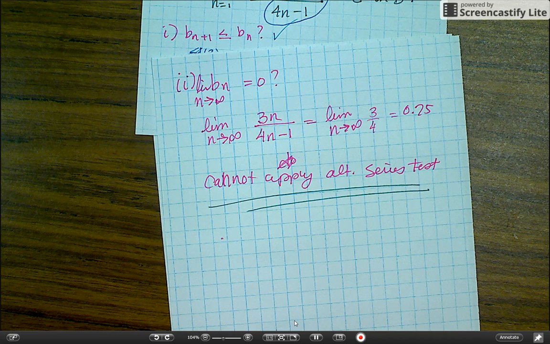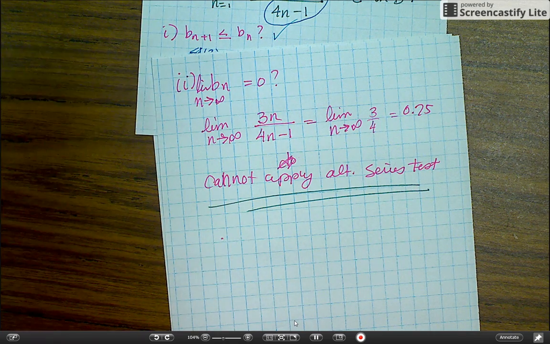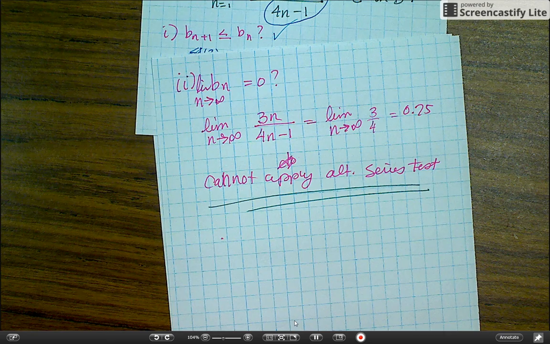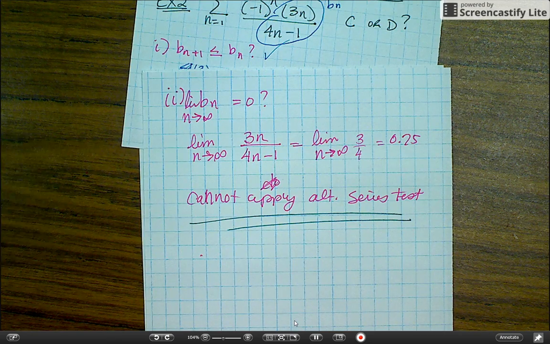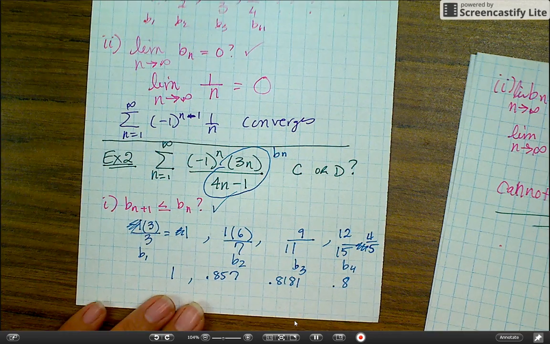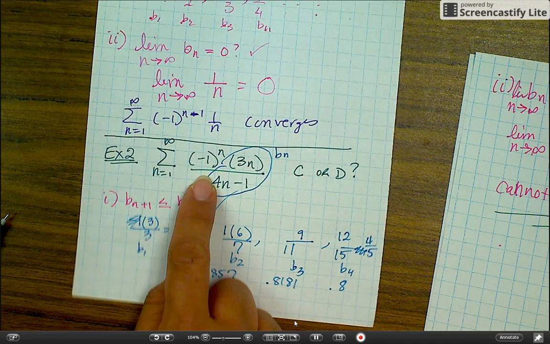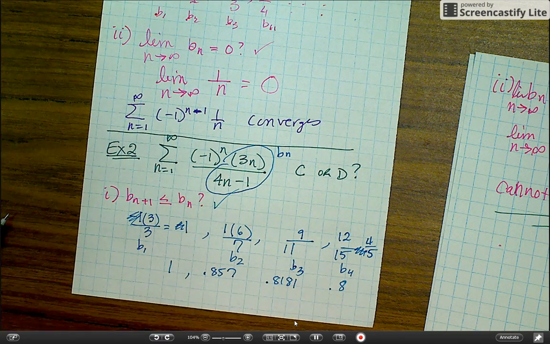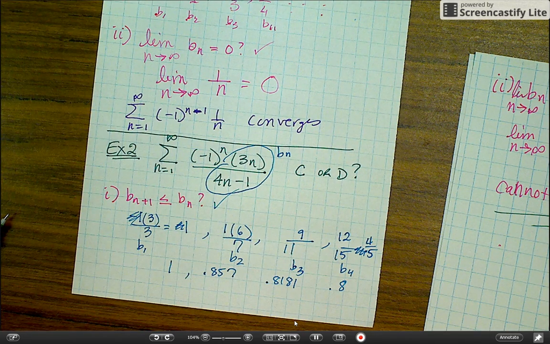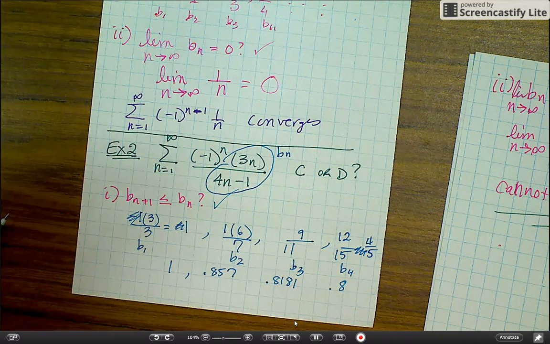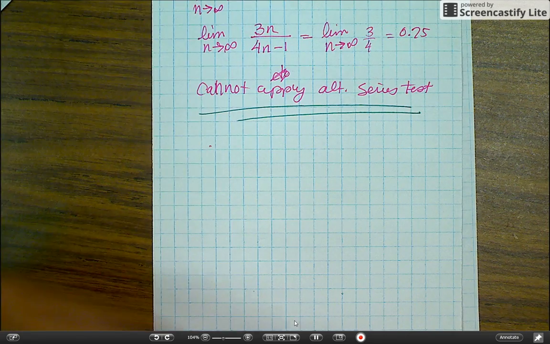So what other tests do we have? We have the P-series. Can't apply the P-series, right? We have the integral test. We can't apply the integral test, because in order for us to do it, the terms all have to be positive, right? What else do we have? We have the test for divergence, okay? So let's try our test for divergence.